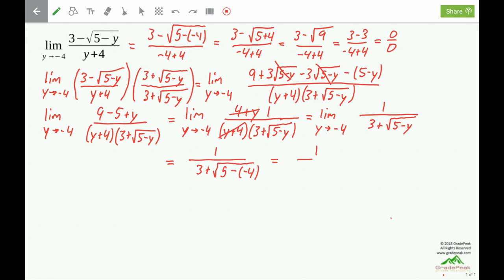That will be 1 over 3 plus the square root of 5 plus 4. 5 plus 4 will become a 9. So 1 over 3 plus the square root of 9. Square root of 9 is a 3. So 1 over 3 plus 3, or 1 over 6.